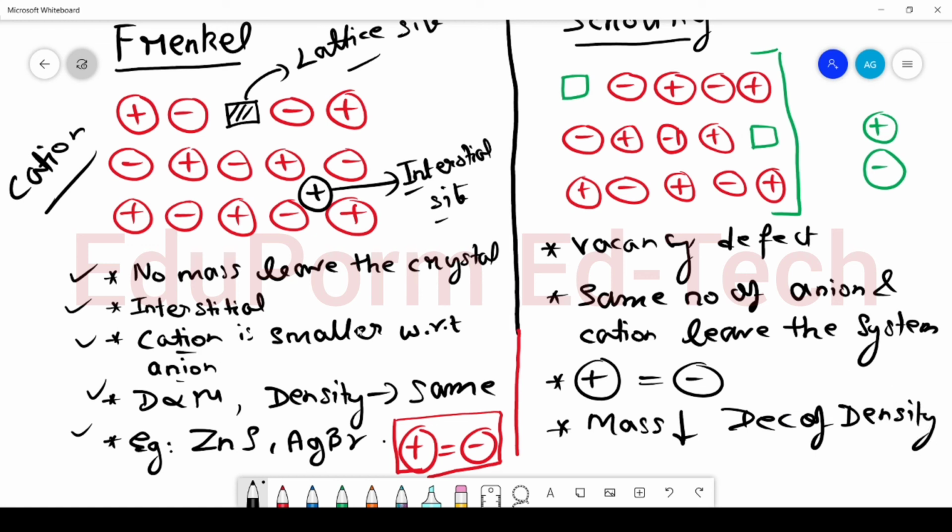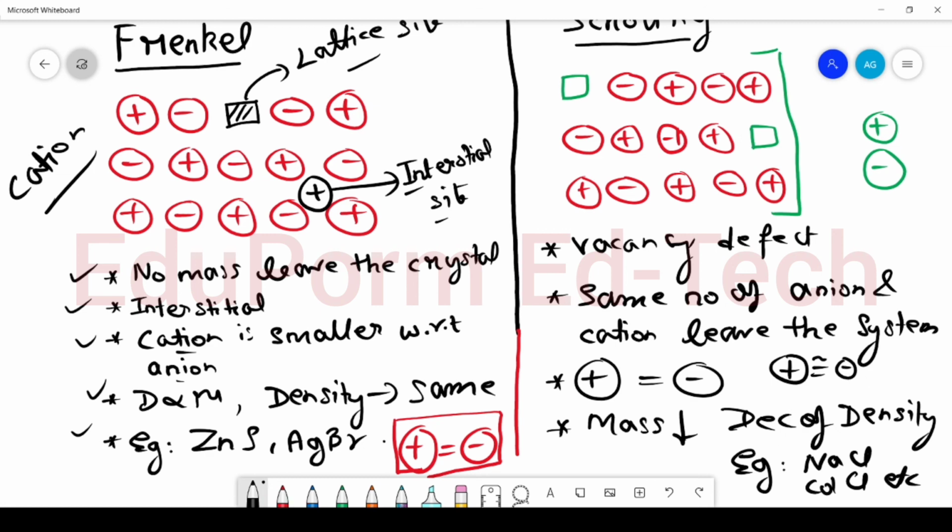So this is all about Frenkel defect and Schottky defect. In case of Schottky defect, the examples are NaCl, CdCl2, etc. One more important point is that Schottky defect is shown where the size of the cation and the size of the anion are nearly the same.